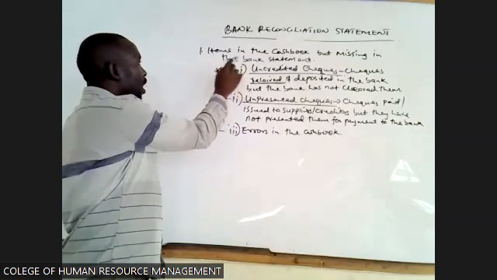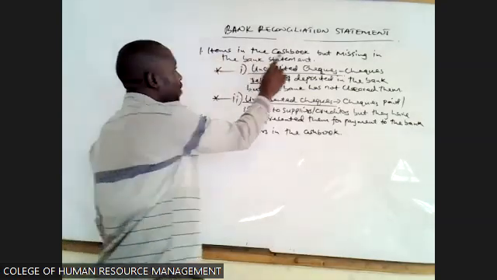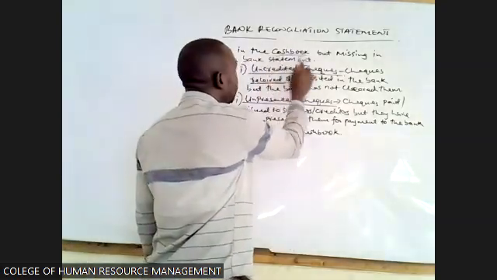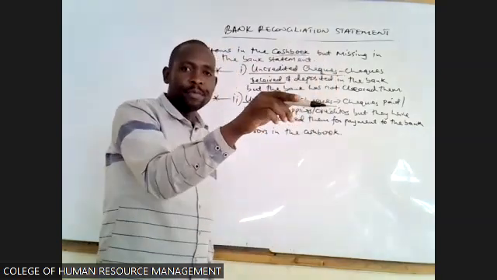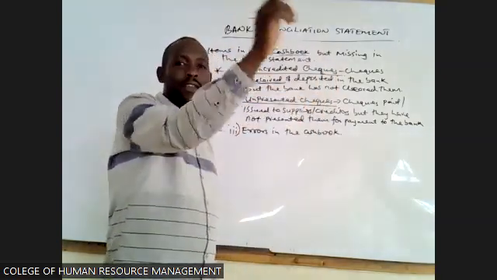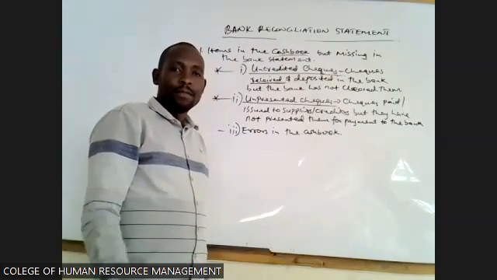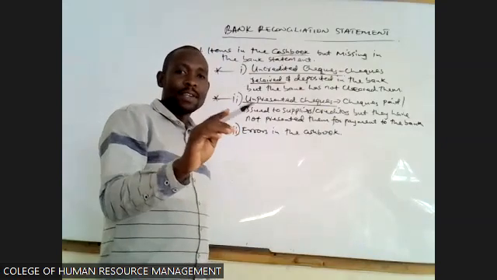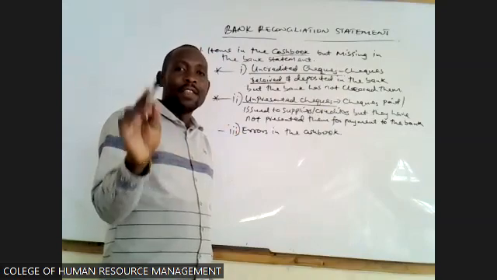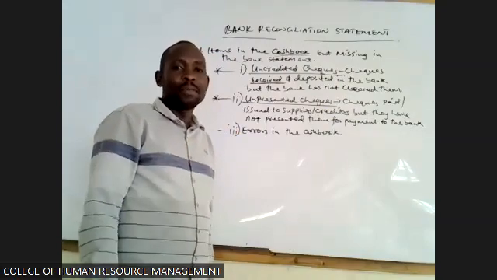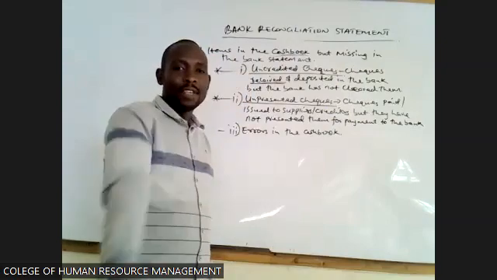Remember the description we have given them here. They are in the cash book. In the cash book, they are already there. They are only missing in the bank statement. So, very important to note. Unpresented and uncredited checks, already they are in the cash book. They are only missing in the bank statement.